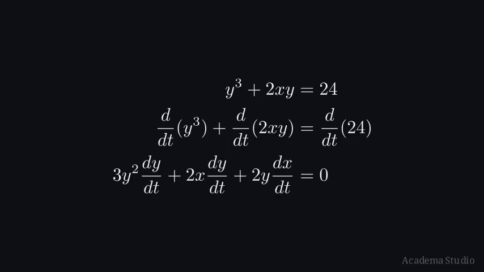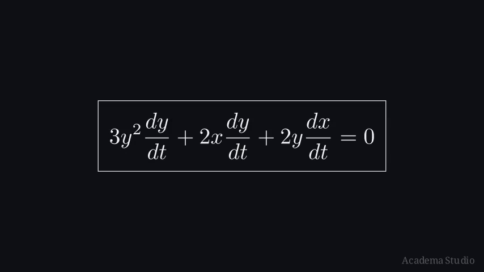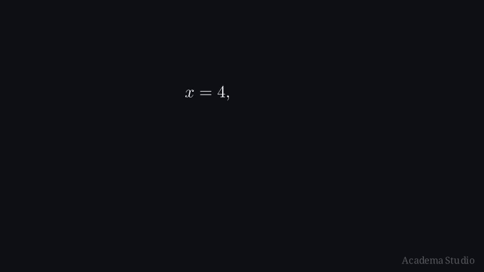Group the like terms: 3y to the power of 2 times the derivative of y with respect to t plus 2x times the derivative of y with respect to t plus 2y times the derivative of x with respect to t equals 0. The derivative of the constant 20 minus 4 is 0. x equals 4. y equals 2. The derivative of y with respect to t equals 2.